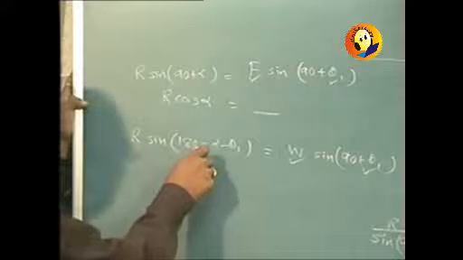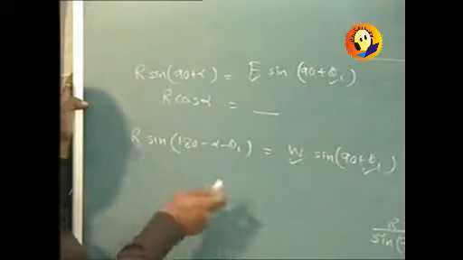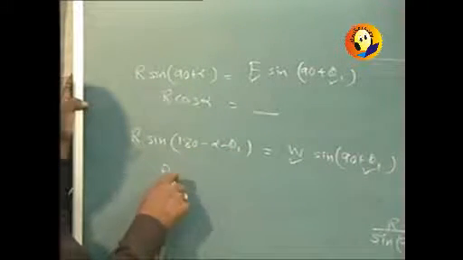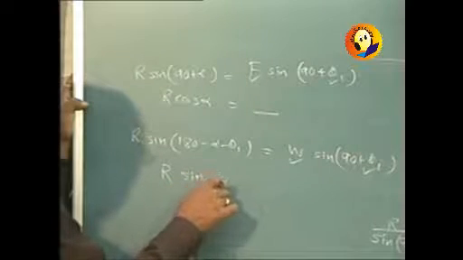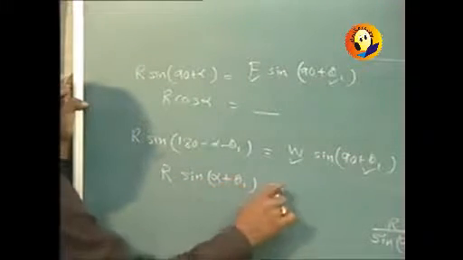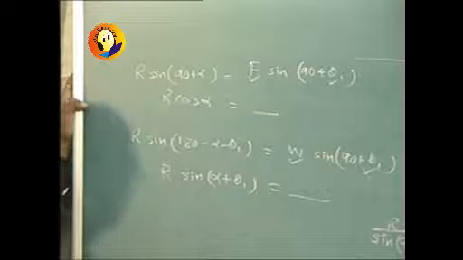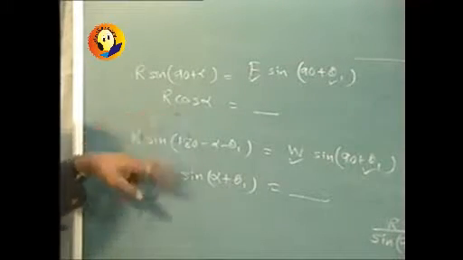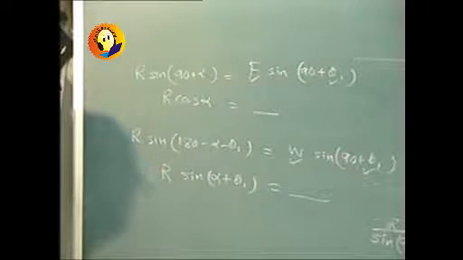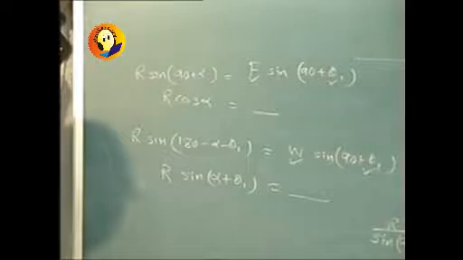And this is sine of 180 minus some angle. Sine of 180 minus is sine only. So it will be sine of alpha plus theta 1, and you will get the value. Now these are to be solved. That will create some problem for us. We are interested in finding R as well as alpha.